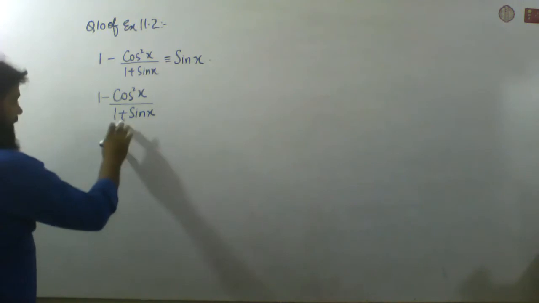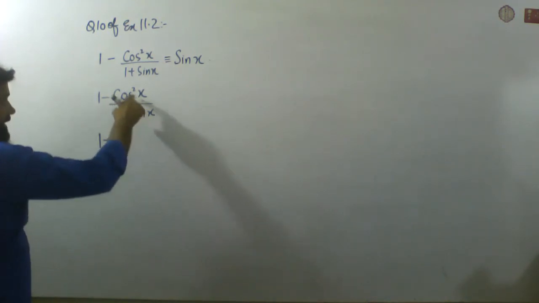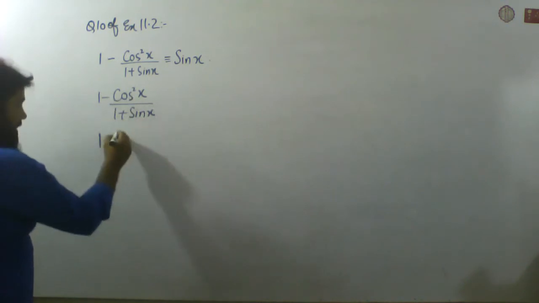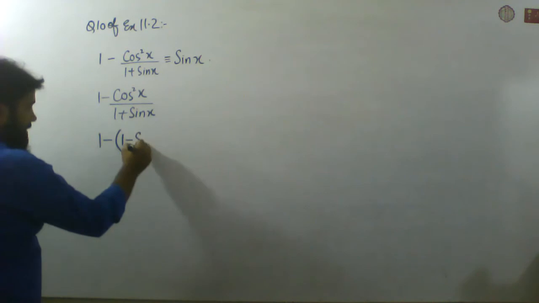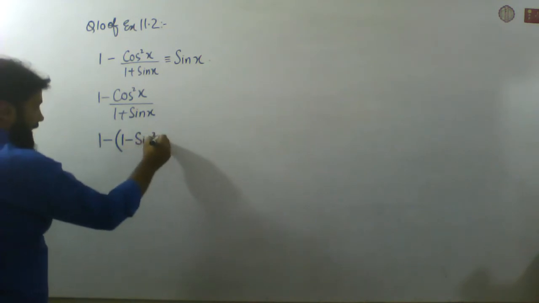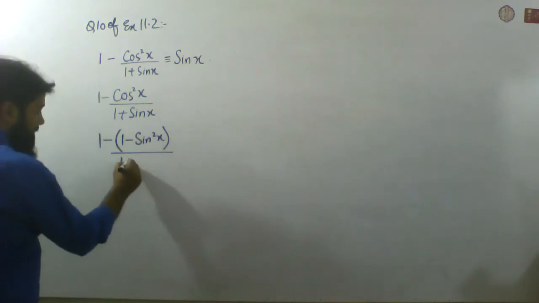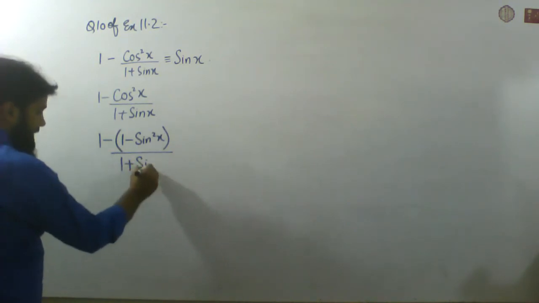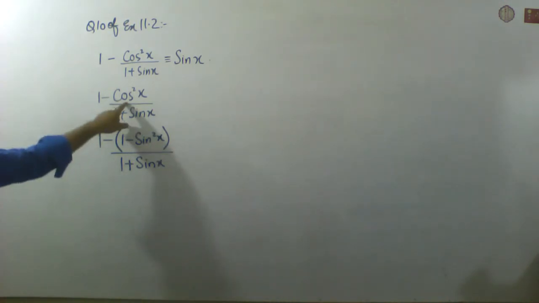First thing I can do over here, I can write 1 minus cos square x as 1 minus sin square x upon 1 plus sin x. What I have done, I have applied the identity for cos square x.